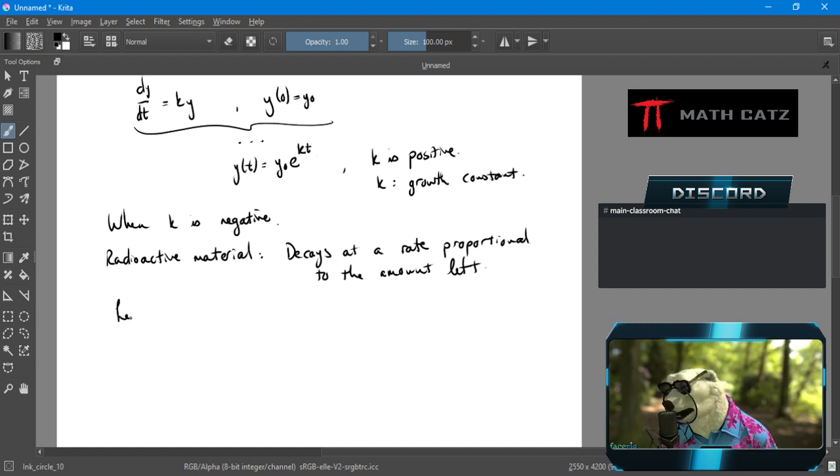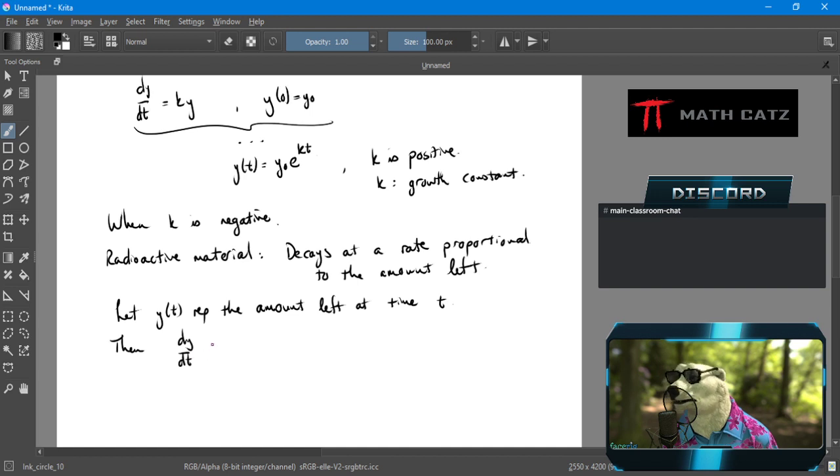So if we now let the y variable represent the amount of the radioactive substance left at time t, then again we have a differential equation where the rate of change, the decay rate in this case, is proportional to the amount left by some proportionality constant.